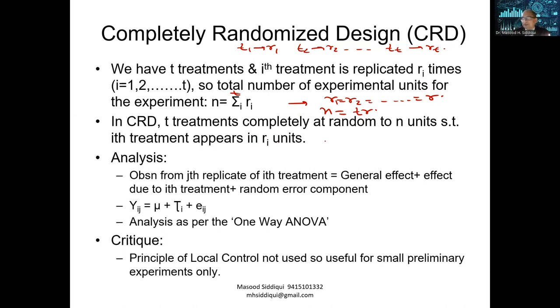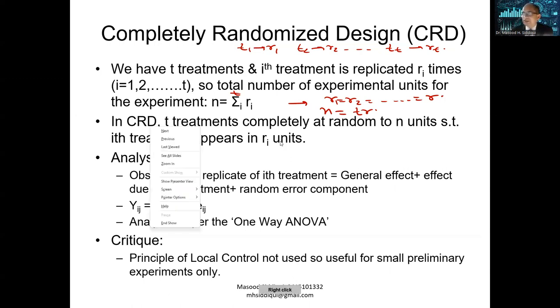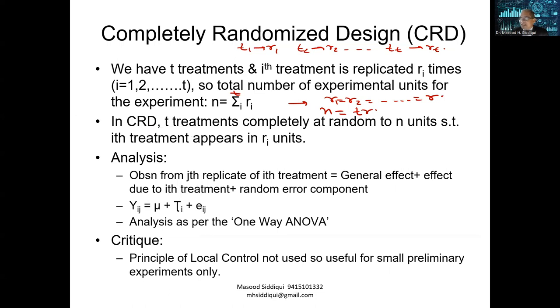There is full freedom. Like the first treatment may be replicated on 5 units, the second on 6 units, the third on 7, the fourth on 5, and so on. So they are completely at random to the N units.